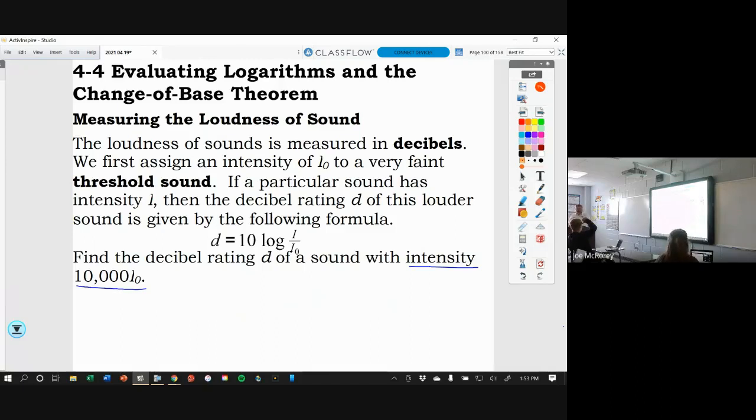Is that what the intensity is? Is I the intensity? Then it's the numerator. You plug in the 10,000 I naught for I in the numerator.